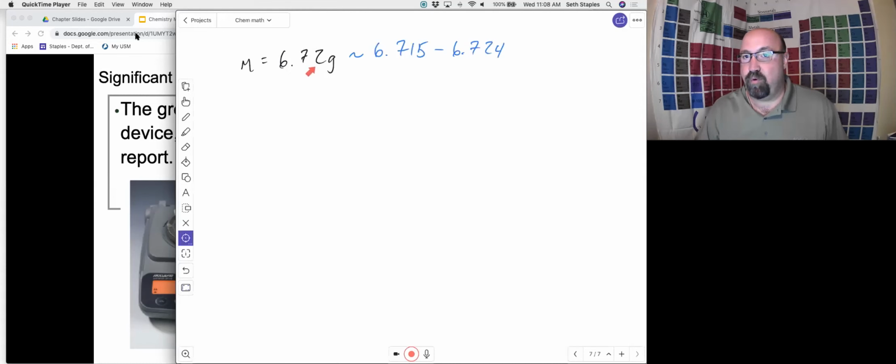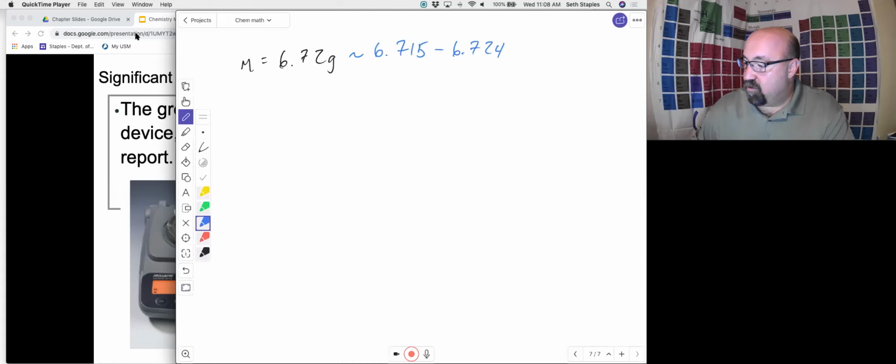And so it's reporting as 6.72. The actual mass could be maybe 6.721465. We don't know that. All we know is that it's about 6.72, because that's what our measuring device is capable of reporting to us. And so we know that the actual measurement is somewhere in this range here.